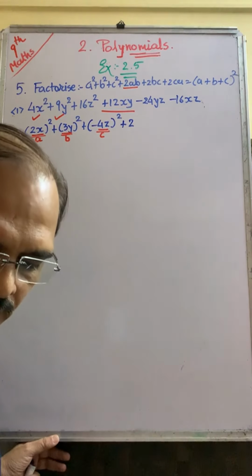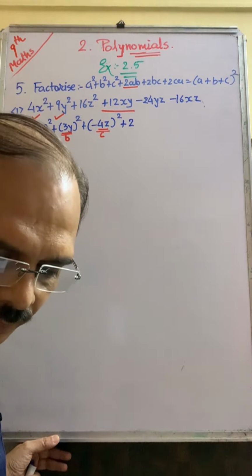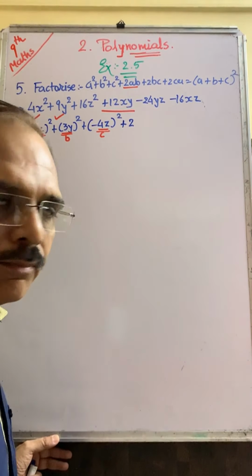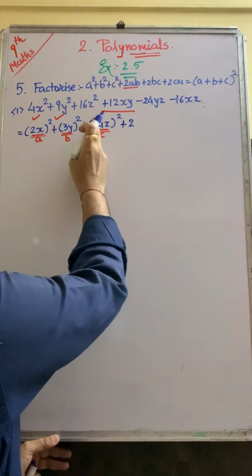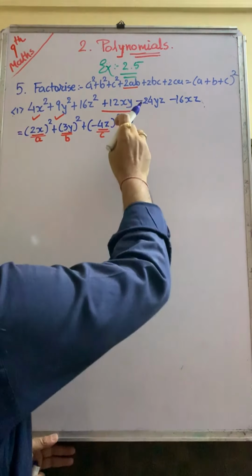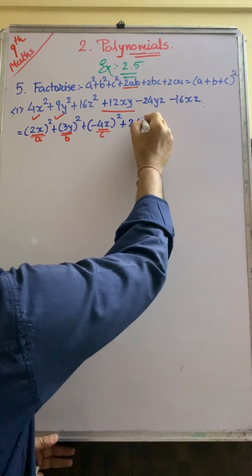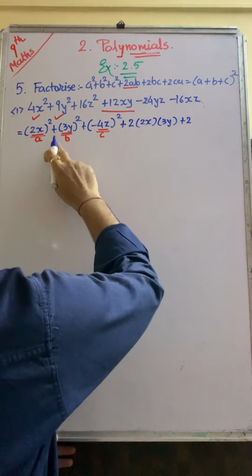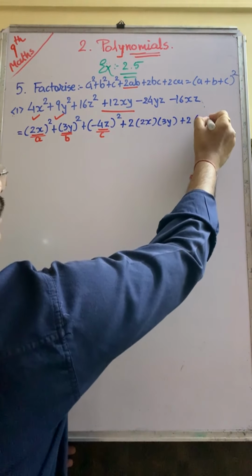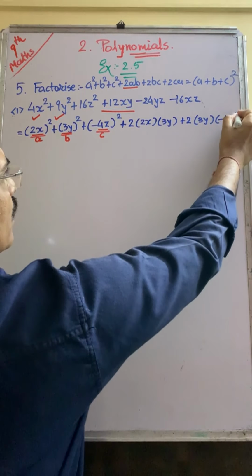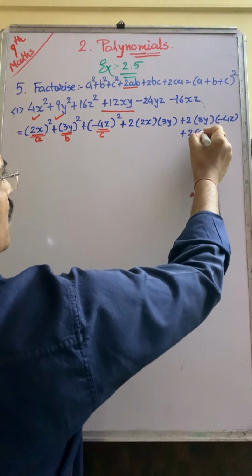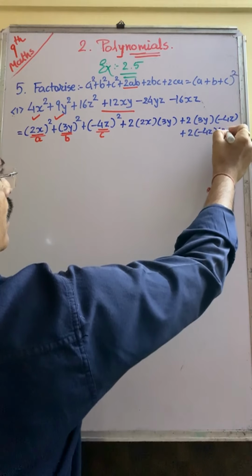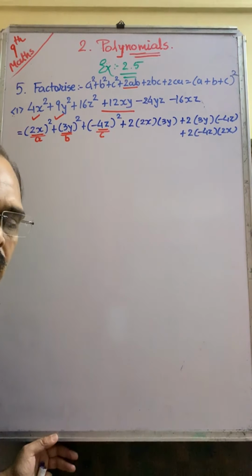For your simplicity, I write this is A term, B term, and C term. So 2AB, 2A into B, plus 2B into C, 3y and minus 4z, plus 2C into A. And now check it. Okay?